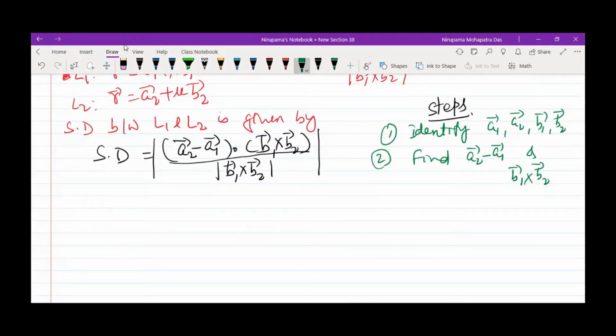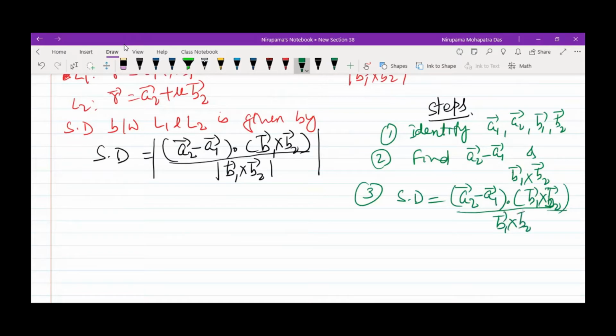Step 3 is to take the shortest distance as A2 minus A1 dot B1 cross B2, divided by magnitude of B1 cross B2. So these are the steps involved to find the shortest distance between two skew lines.